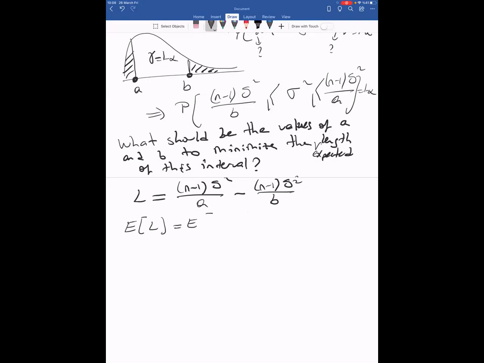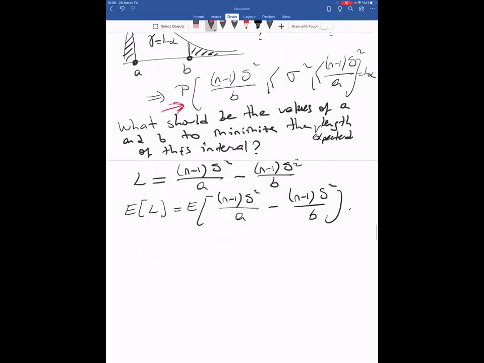So then the expectation of (n minus 1) S squared over A minus (n minus 1) S squared over B. So we want to minimize this quantity. First of all, focus on this probability. Focus on this part.